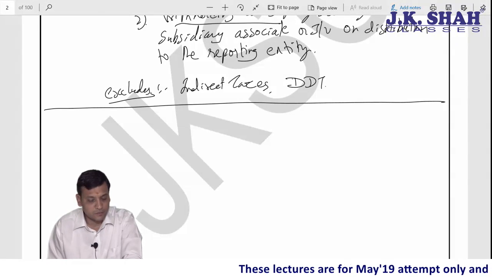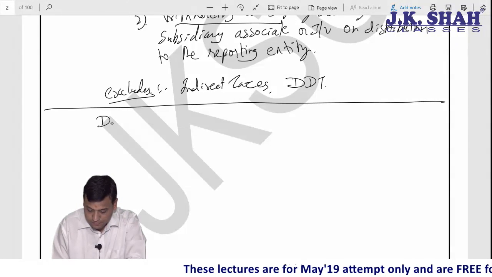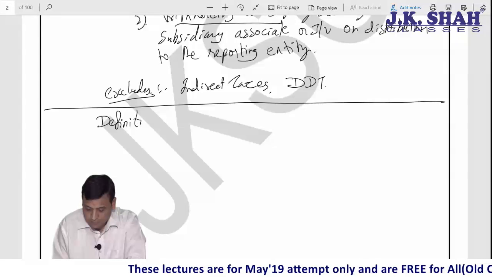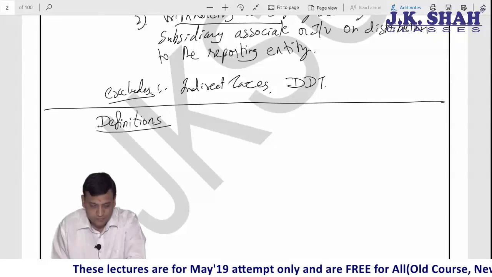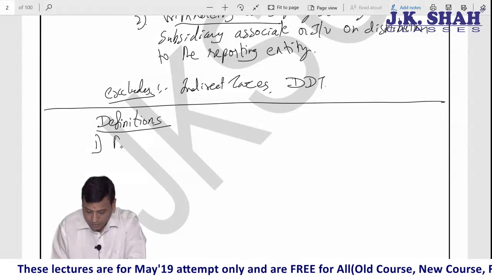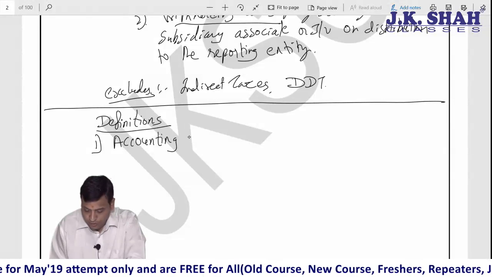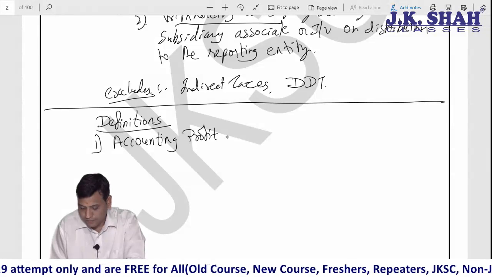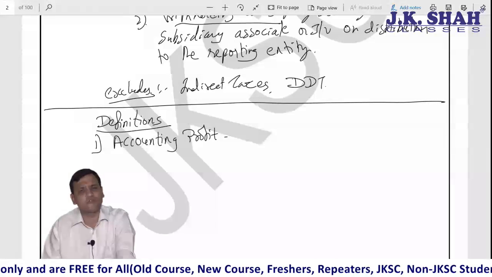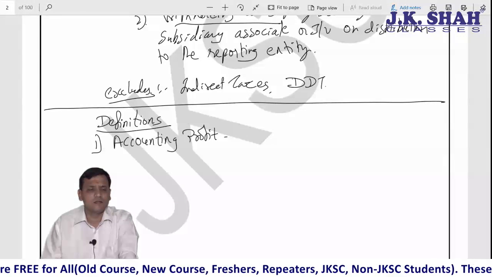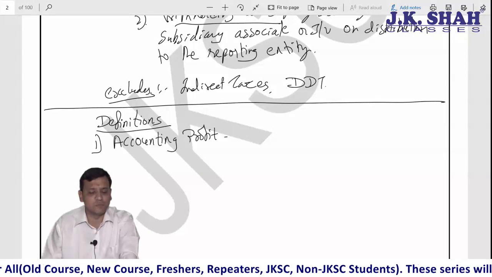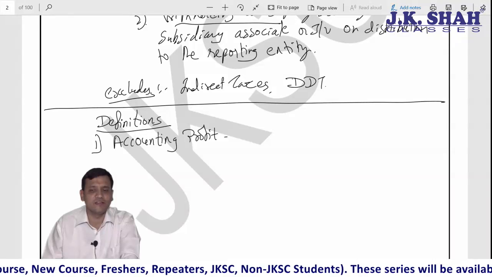Now the most important part, our definitions. Now what do you mean by accounting profit? Very simple. Net profit calculated as per books of accounts before providing for tax expense.